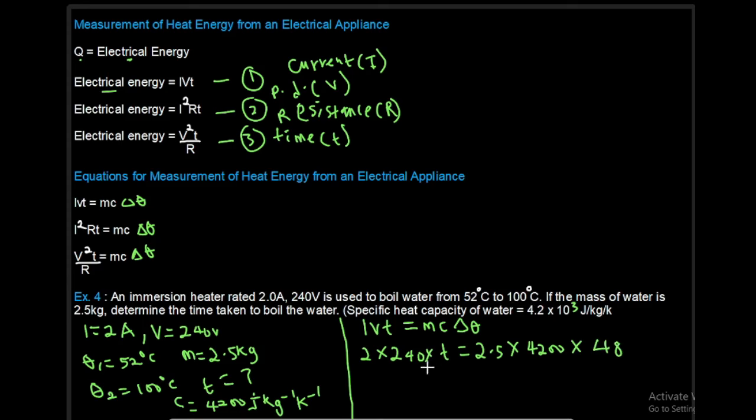To get T, we divide both sides by 2 multiplied by 240.